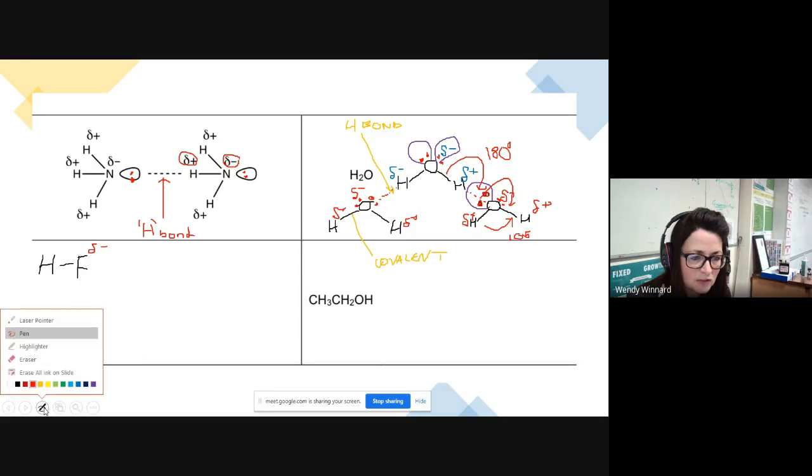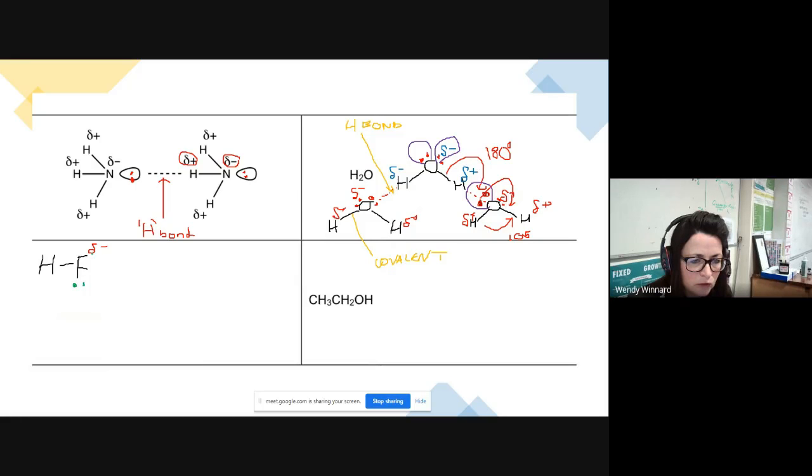Fluorine has got 1, 2, 3 lone pairs of electrons. So you must put all 3 on. But it can only form 1 hydrogen bond because it's only got 1 hydrogen atom.